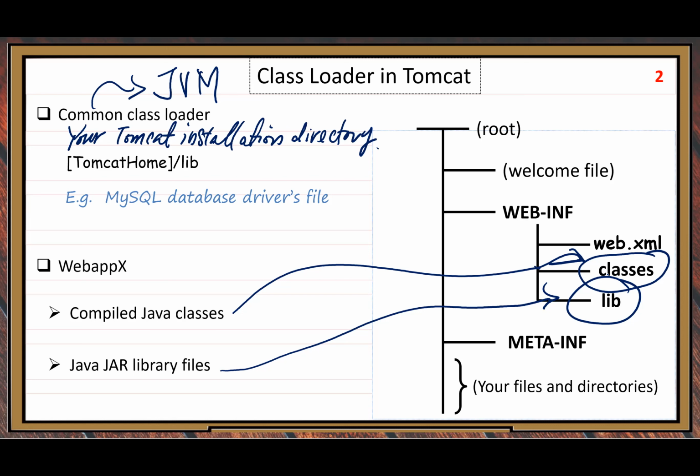Because only this web application uses it, we just put it there. Most other web applications won't use these library files, and that's the reason it's better to put it there. So now, by putting files in these three places, every time you start your Tomcat, they will be loaded automatically.